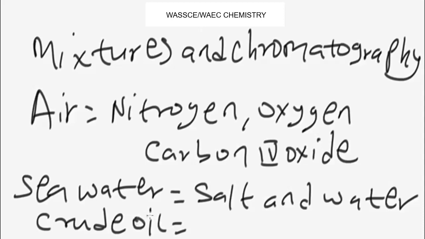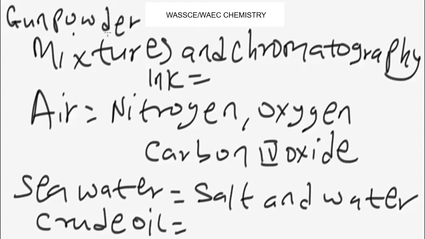Another example is ink. Ink is a mixture of colored dyes. We also have gunpowder, which is a mixture of basically sulfur, potassium nitrate, and carbon.